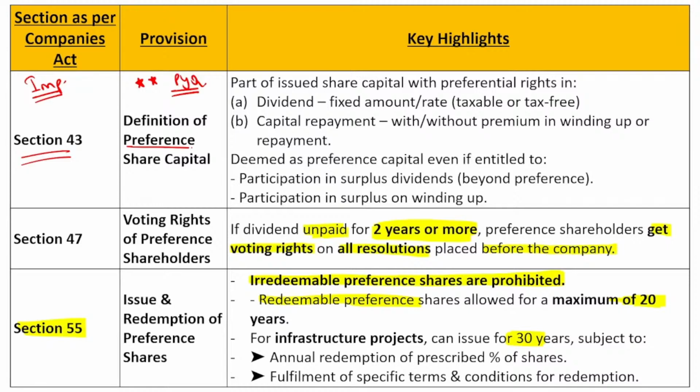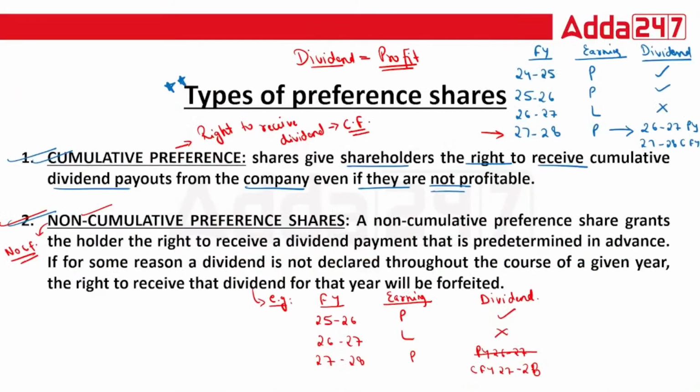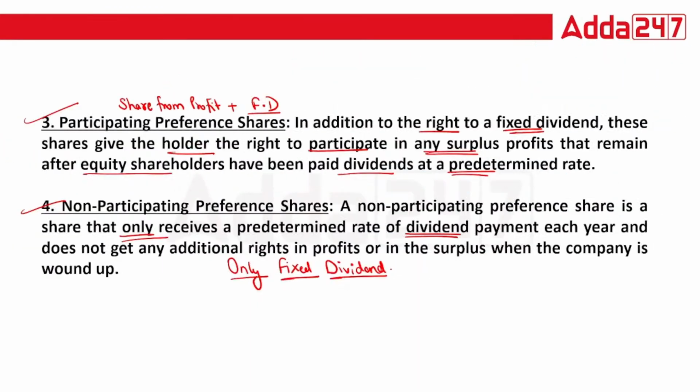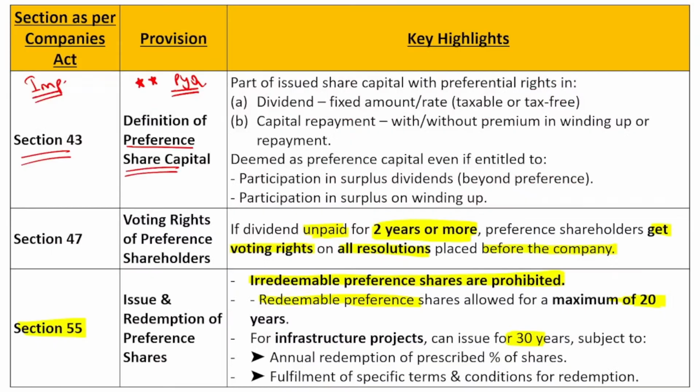Here they are defining the meaning of share capital. Part of issued share capital we already discussed. When we talk about share capital, we have two types: A, equity; B, preference. We already discussed on your left side the differences between equity and preference shareholders. The same thing we are going to see in section 43. This is a part of issued share capital with preferential right.